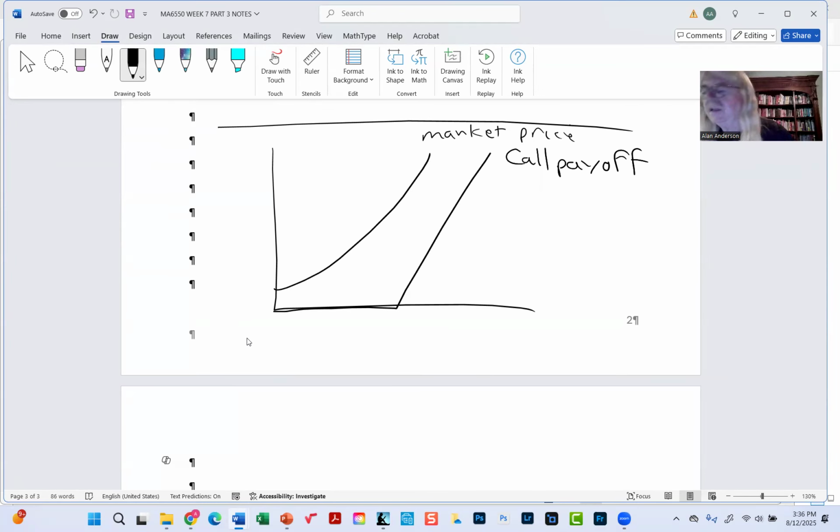And what accounts for that is this. Let's say this is my strike price. I'll put S star. And why don't we throw some actual numbers in there? So what is this call?